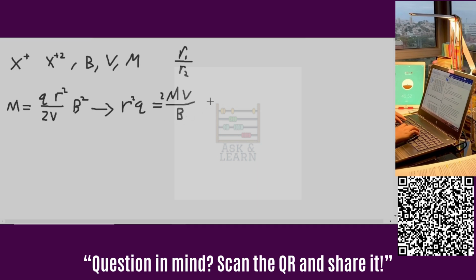So this is now in the form where we have all the constants on one side and all the variables on the other side. And this is the same for both cases, which means that both cases have to be equal to each other.